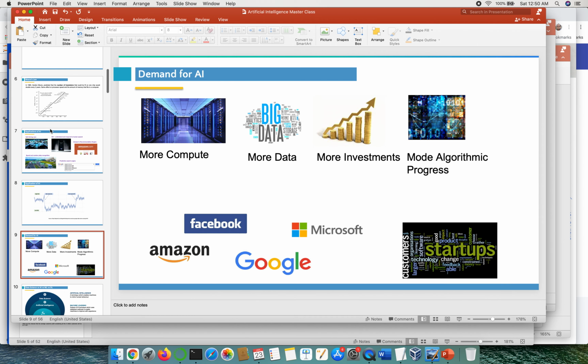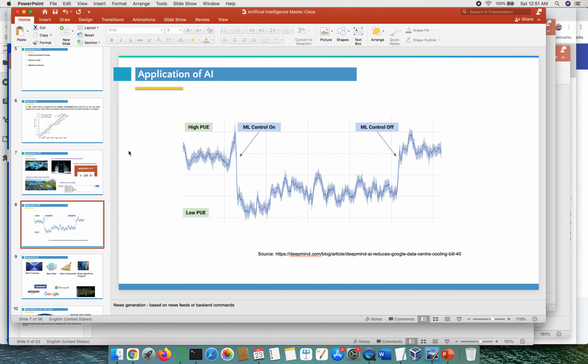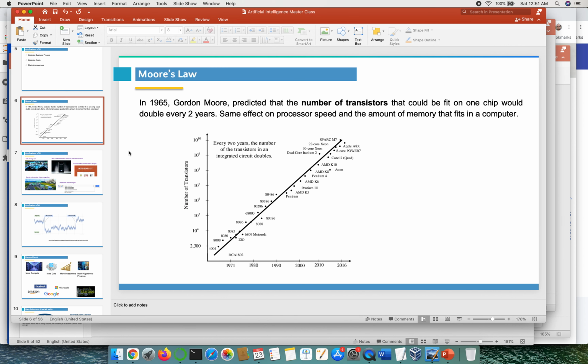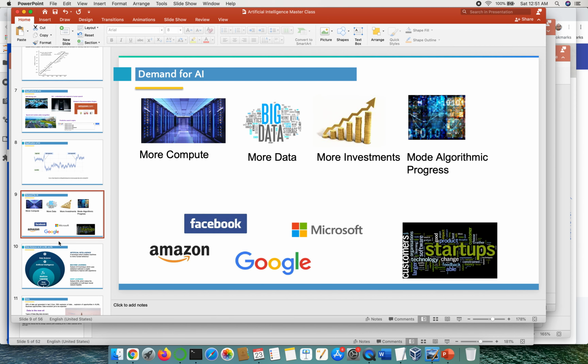When I say compute, I recall a law given by Gordon Moore. He predicted that the number of transistors doubles every 2 years, and hence the processing speed, the amount of memory, and the personal computer's power, in short. And there is no recession for that. See here, there's exponential growth. Every time we saw innovation, a chip holds more transistors, more power, more processing. And now we have a huge processing power available on everybody's laptop these days.